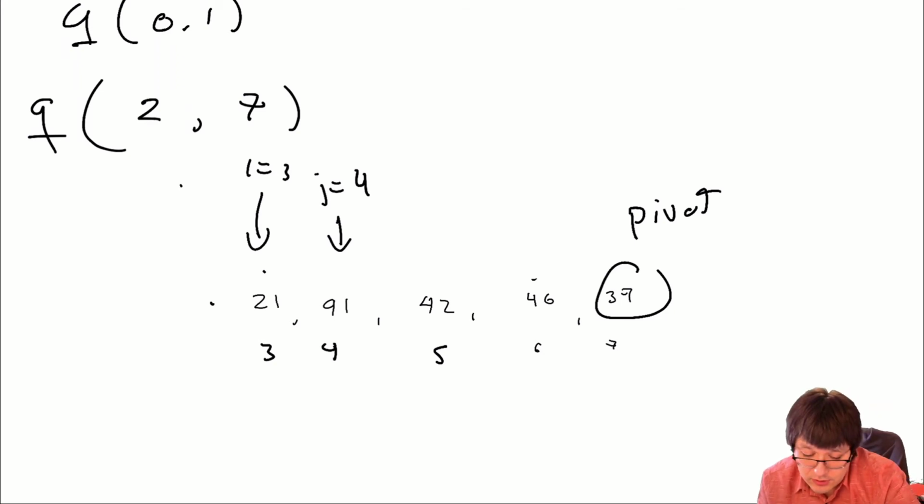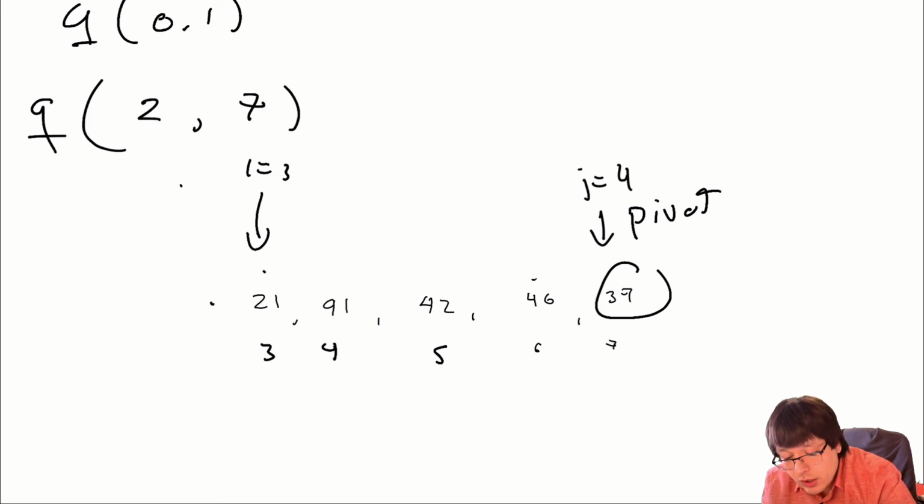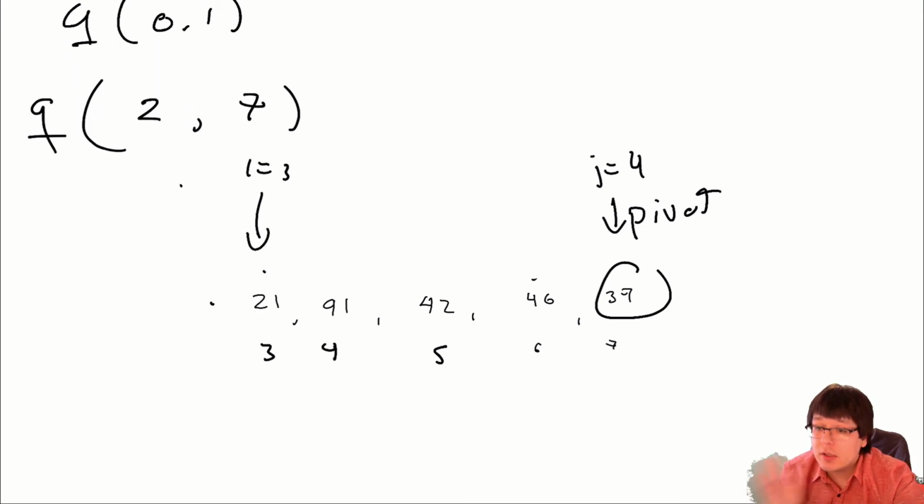Okay. So now we're looking at j, and j is greater than the pivot, so you don't swap it. You increase it. And you keep increasing until you find something smaller than the pivot, which in this case you don't. You finally end up pointing to the pivot. Because that happens when you get to the pivot, what you do is you swap i plus 1 with the pivot.